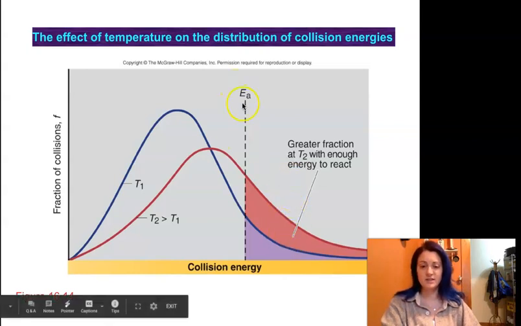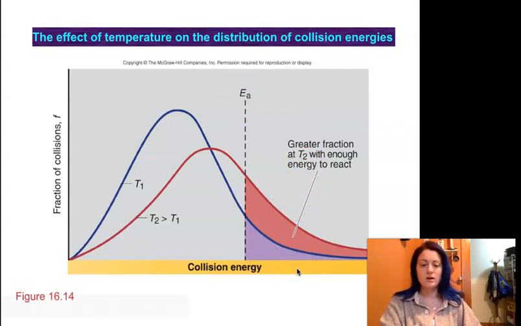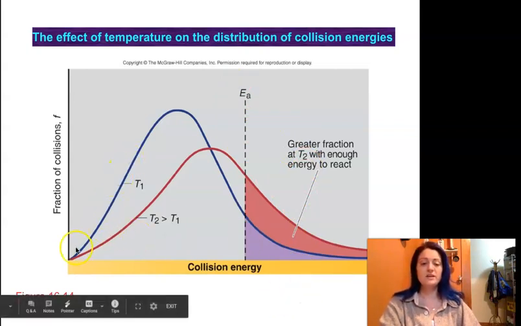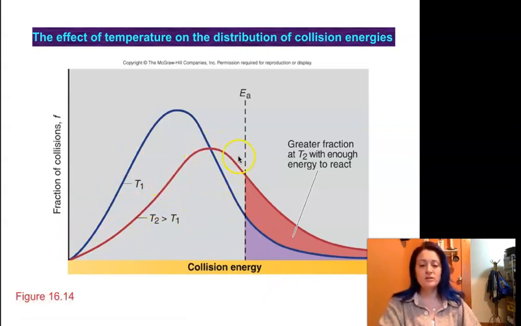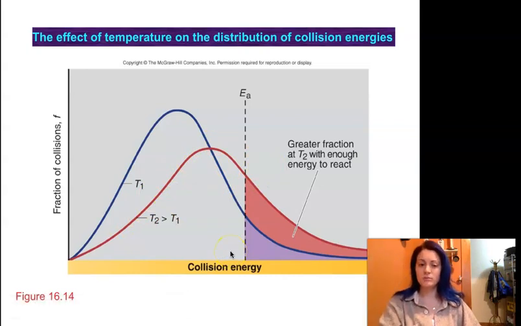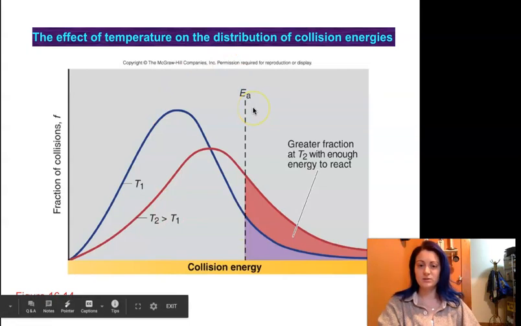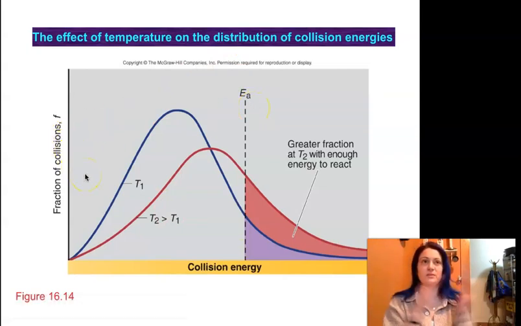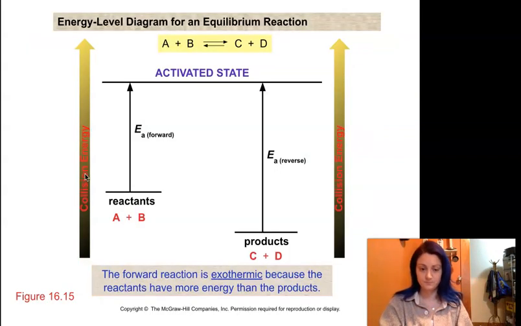So increasing activation energy definitely decreases the frequency of collisions. However, what they're showing here is what happens when you increase temperature. You allow more collisions to meet or exceed that activation energy threshold. So increasing the temperature will increase the frequency of effective collisions as well.